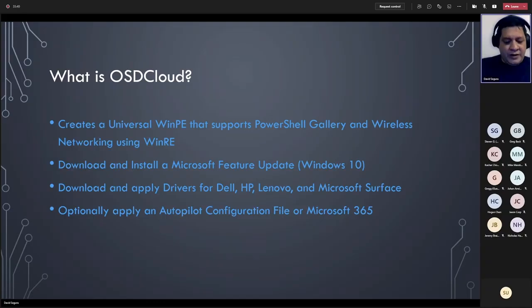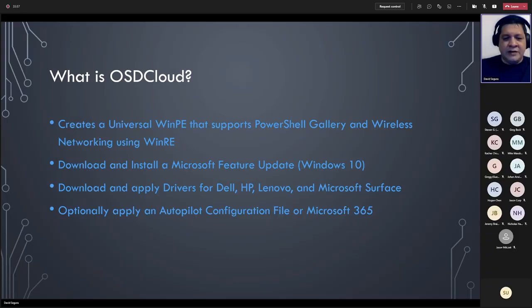So why is this important? Because traditionally, when we image a computer, we have to have all the resources either on our USB stick or on a server. But this approach is rather different because it pulls everything from the cloud. Like I mentioned, the Microsoft feature update is Windows 10, and that's pulled straight from Microsoft, and the Dell drivers are pulled straight from the manufacturers.